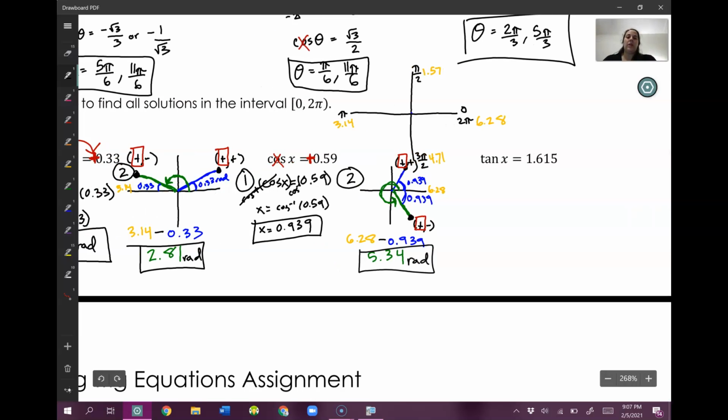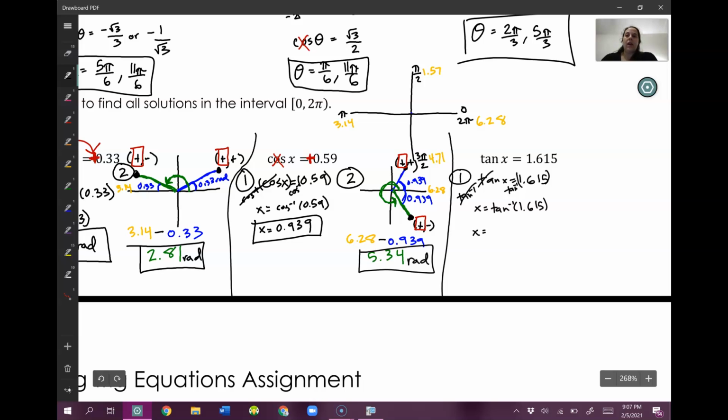Okay, last one. Let's do tangent. So step 1, solve it using a calculator by doing inverse tan to both sides. This is the easy part. So I get x equals inverse tan of 1.615.